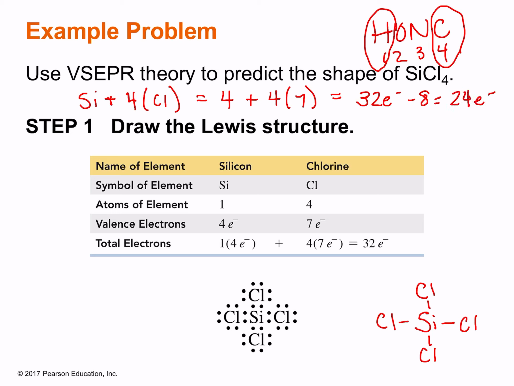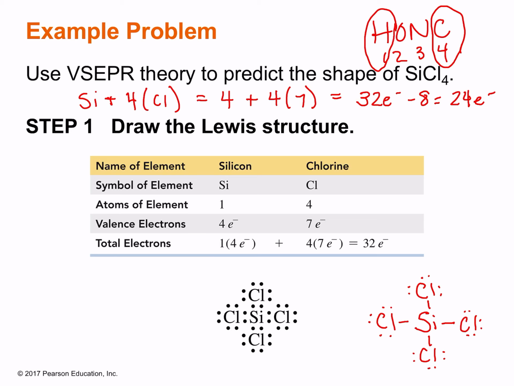Now we finish our octets: 1, 2, 3, 4, 5, 6, 7, 8, 9, 10, 11, 12, 13, 14, 15, 16, 17, 18, 19, 20, 21, 22, 23, 24. Double check that everything has its octet, which it does. Each of the chlorines has 8 around it, and the silicon has 4 bonds going to it, which means it has 8 electrons because each of those bonds has 2 electrons in it. So this is a good Lewis structure.